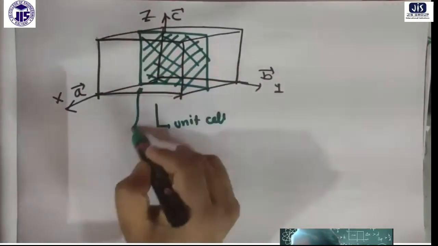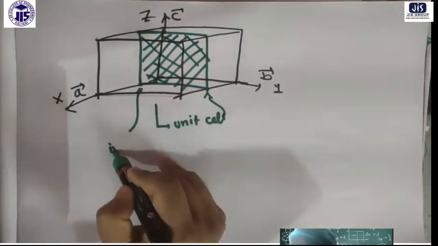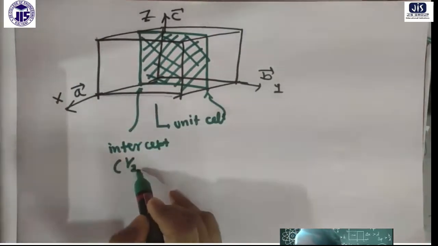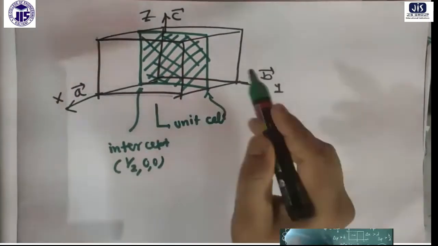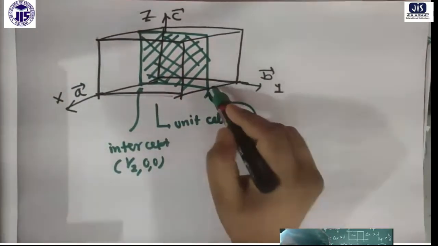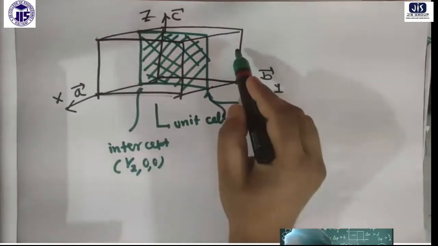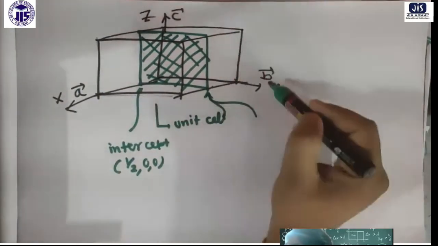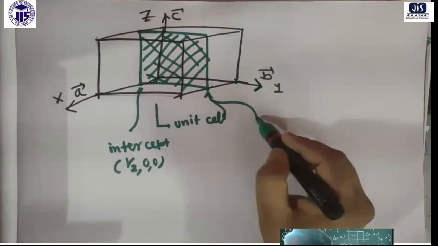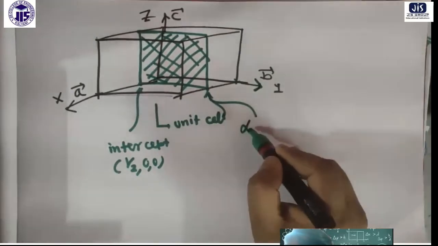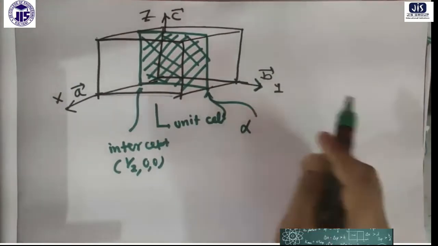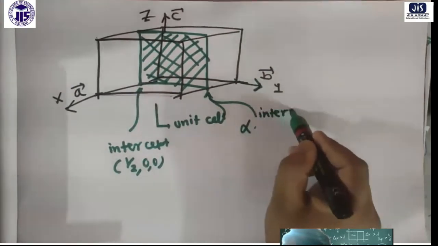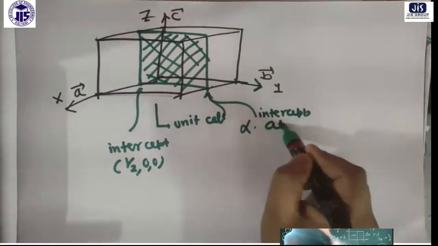So how do I calculate it? First you calculate the intersection with the three axes. The intercept with x is at 1 by 2, 0, 0. Next, where does it intersect with the y-axis? You see, it is parallel to the y-axis, so basically no intersection. Theoretically it intercepts at infinity.